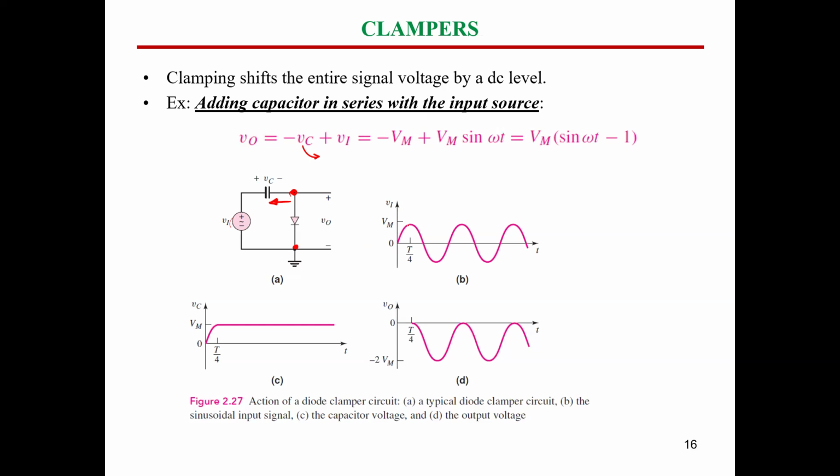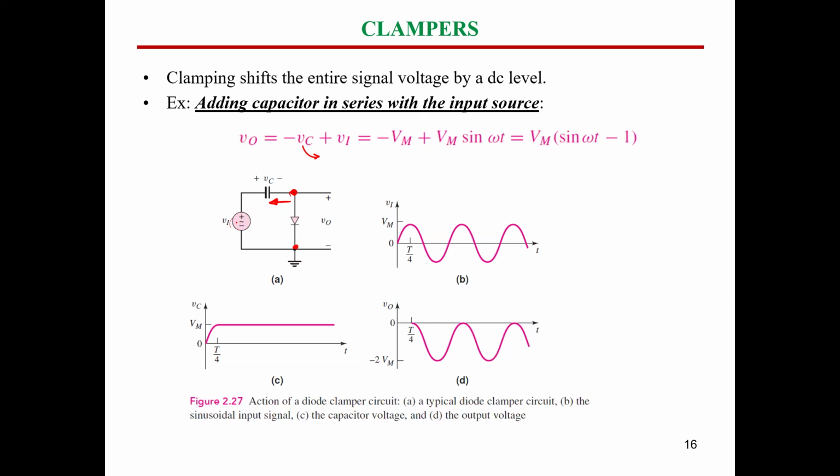According to the relation, when this diode is turned on, in the ideal diode case, it means it's going to be a short circuit, so vC plus vin will be 0, which means the capacitor volt will have the same voltage magnitude as the input.